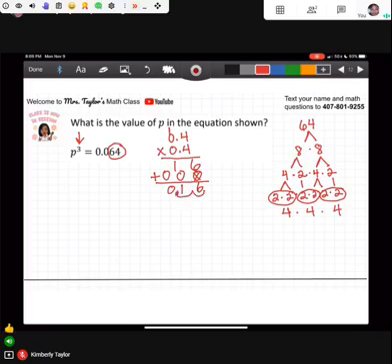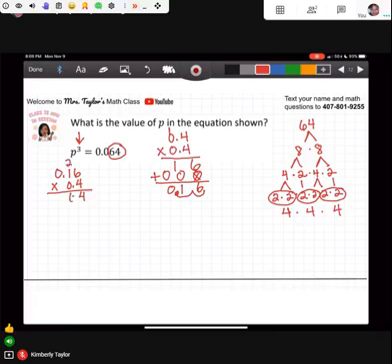So currently I have 0.16. Now if I multiply this number 0.16 by 0.4, let's do it over here.